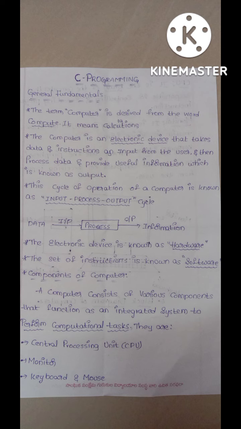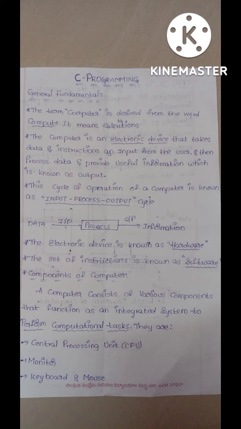It takes an input from the user, meaning we are the users, we give it some input, and then it processes it, meaning it works on it, and then it gives some output in the form of some code, etc. So the computer takes an input, processes it and gives an output. This whole cycle is known as the input process output cycle. Here we explain it by giving a block diagram.